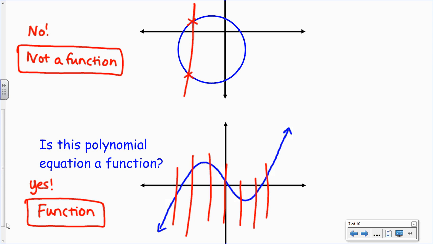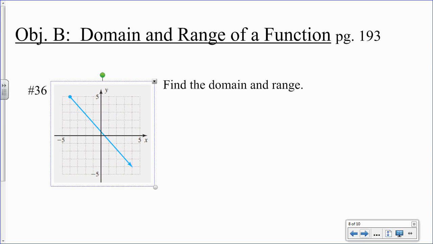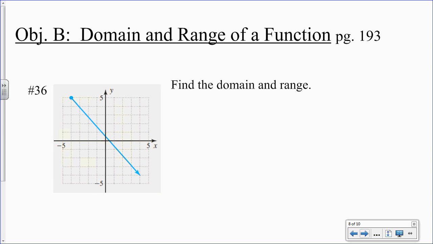All right, we're going to talk about domain. So here, domain and range, when you have a graph, you're just writing the boundaries. Domain is your x values, so you're looking left and right. Range is your y values, so you're looking bottom to top, up and down. It might be a little hard, maybe for some of you to see in the back, but there is an endpoint here, and there's an arrow here.